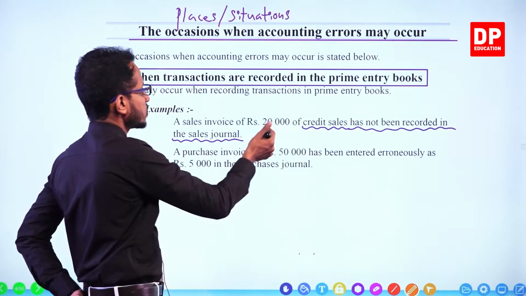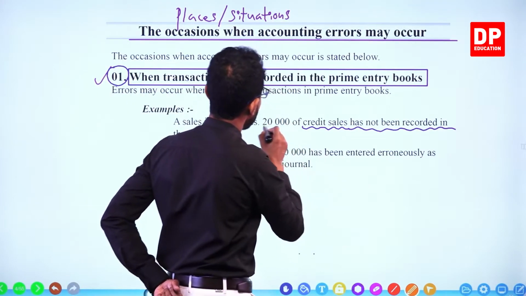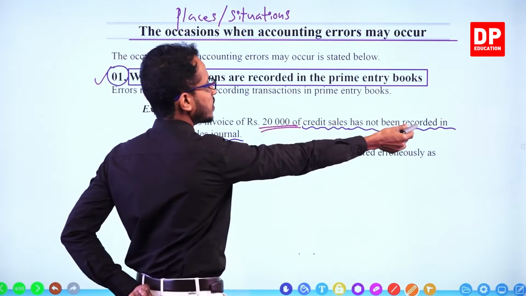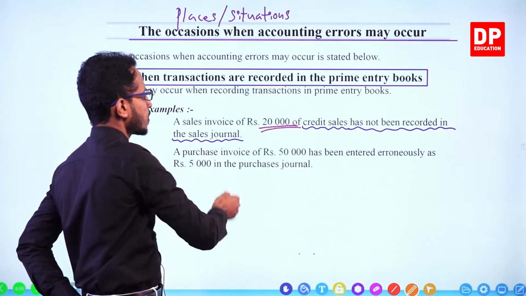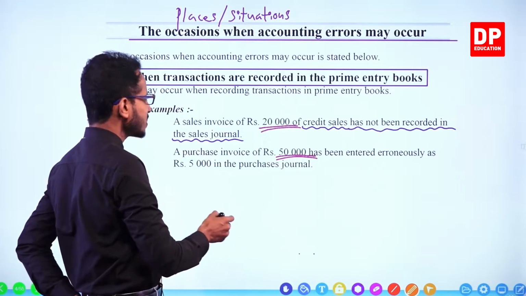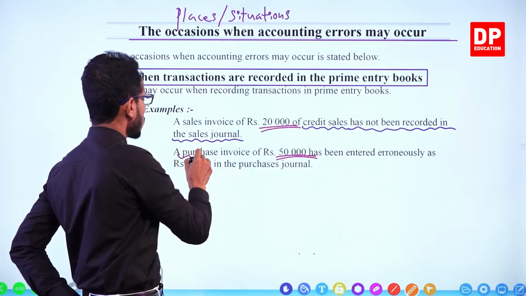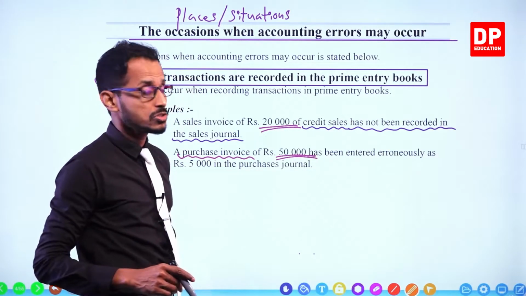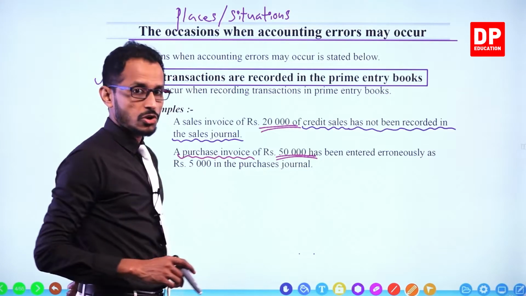A purchase invoice, now this is 20,000 and it has not been recorded in the sales journal. This is 50,000, right? A purchase invoice. Purchase invoice means we have purchased goods. That is the source document.